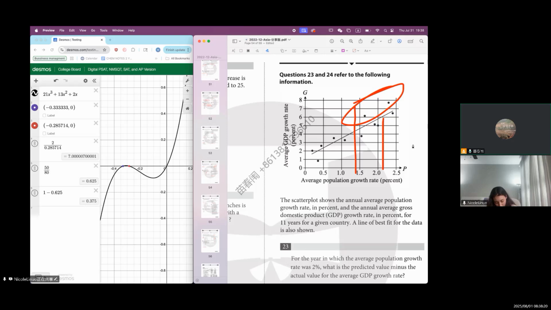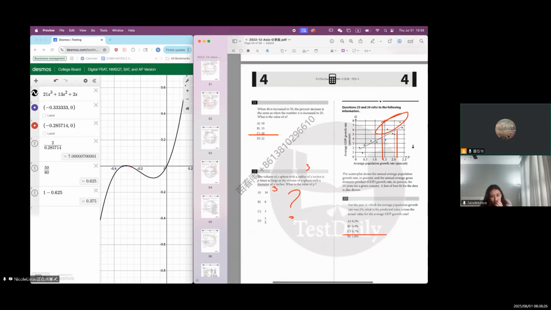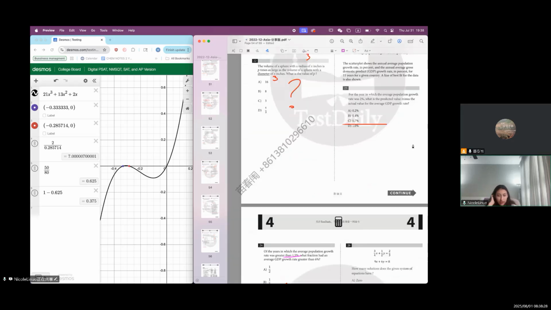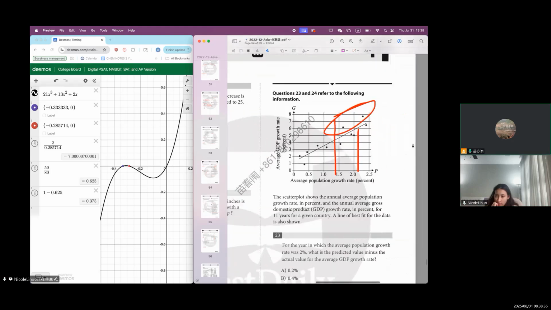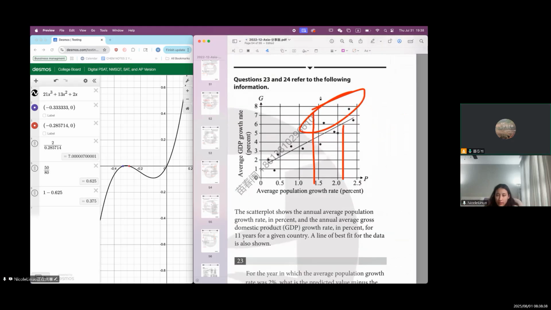Wait, there's another one. Higher than 6, average population rate greater than 1.5. I think there's 3 points. There's 1, there's 2, there's also another one here. Isn't all of this, all of the left side or right side?